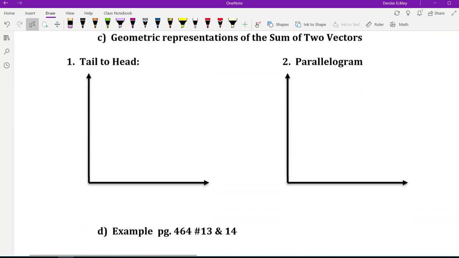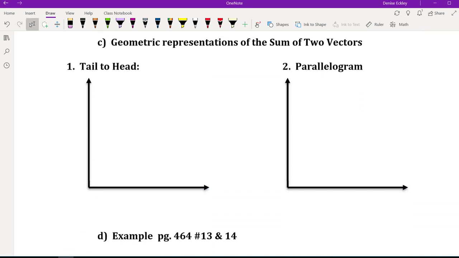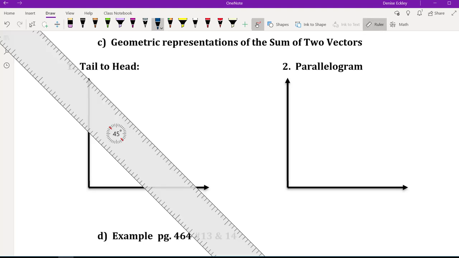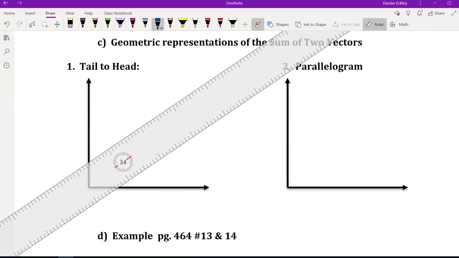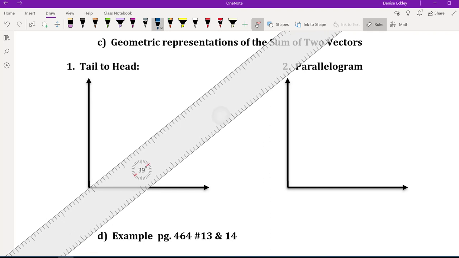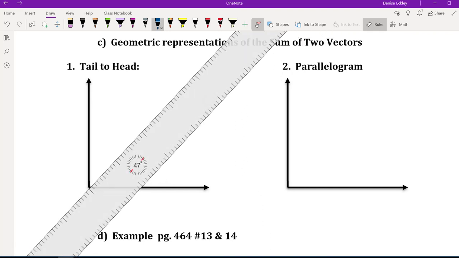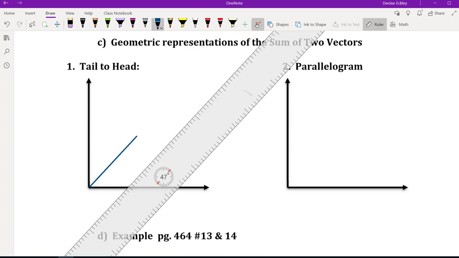Okay, next. Let's represent adding two vectors. Now there are two schools of thought for doing this. I personally like the tail to head. If you like the parallelogram, you'll get the same result. So whatever works for you. I'm going to draw a vector U through the origin. There's my vector.